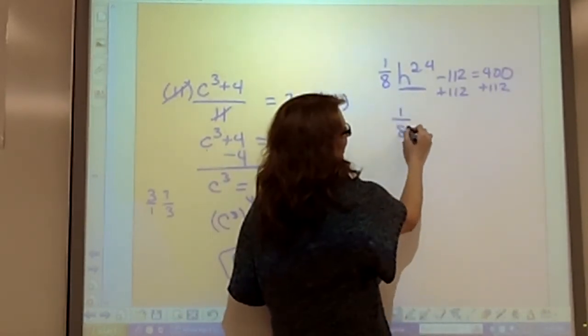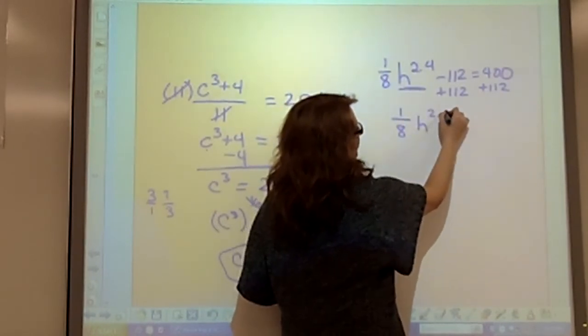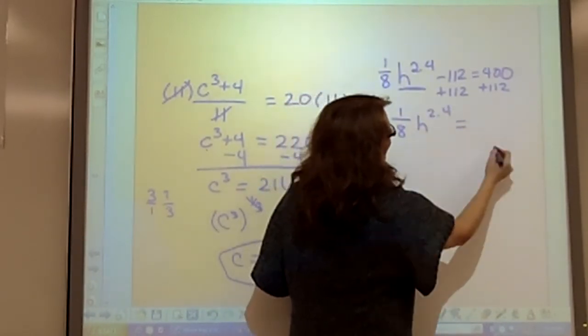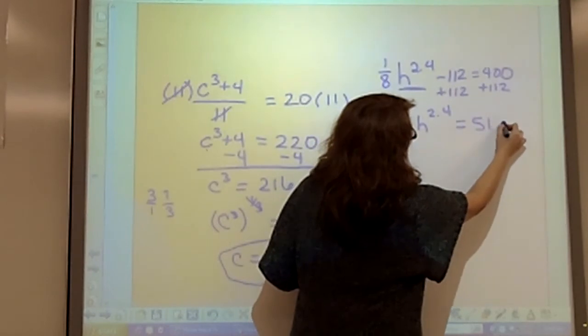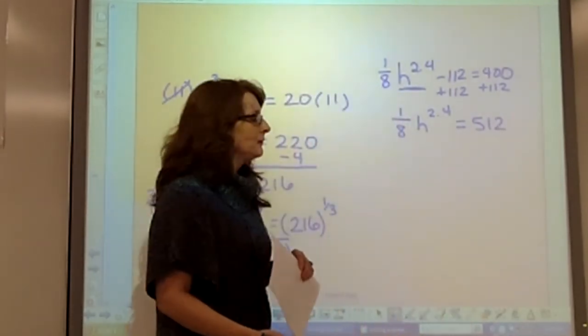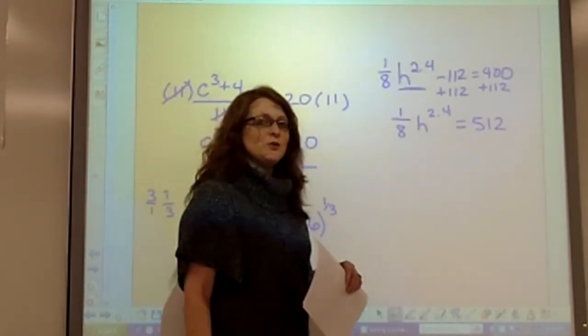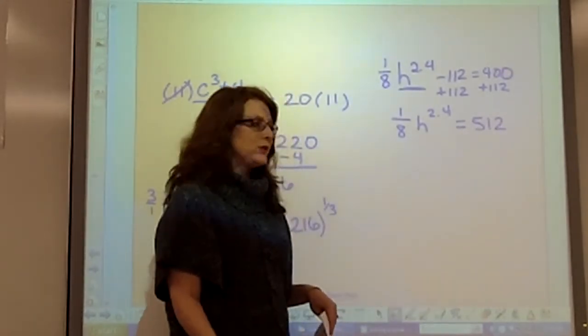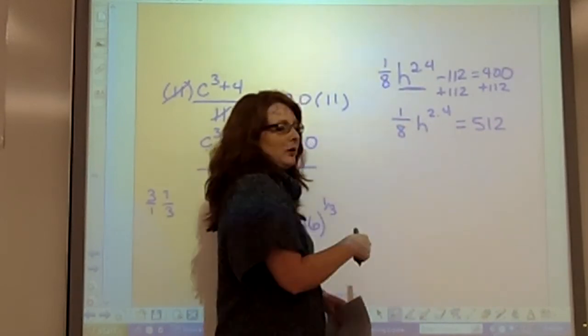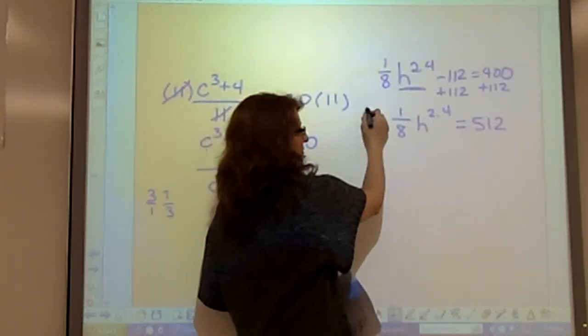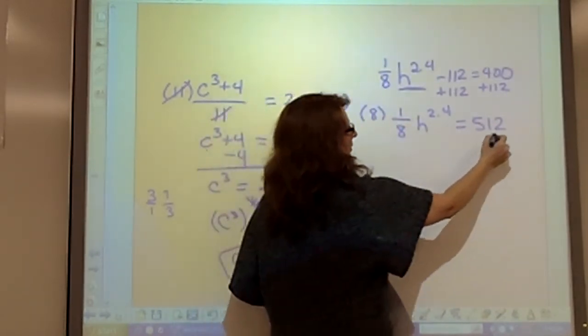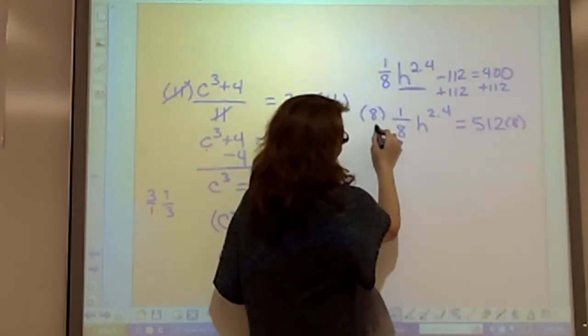So I've got 1/8 h raised to the 2.4 equals 5/12. I need to get rid of this 1/8. Again, the easiest way to clear out a fraction is use the reciprocal. The reciprocal of 1/8 is 8 over 1, or just 8 on both sides. Cancels.